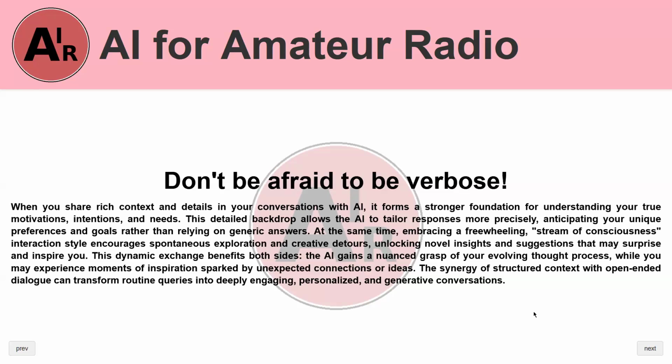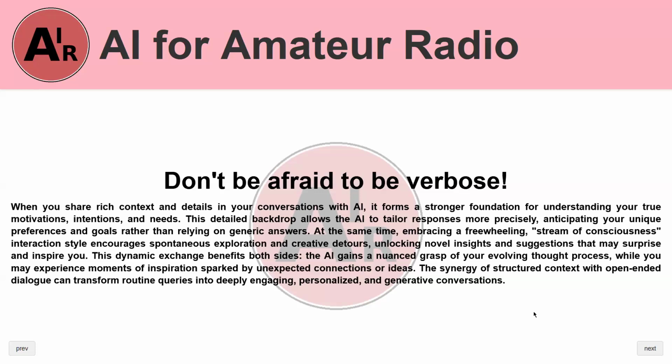When you share rich content and details in your conversations with AI, it forms a stronger foundation for understanding your true motivations, intentions, and needs. This detailed backdrop allows the AI to tailor responses more precisely, anticipating your unique preferences and goals rather than relying on generic answers. At the same time, embracing a freewheeling stream of consciousness interaction style encourages spontaneous exploration and creative detours, unlocking novel insights and suggestions that may surprise and inspire you.